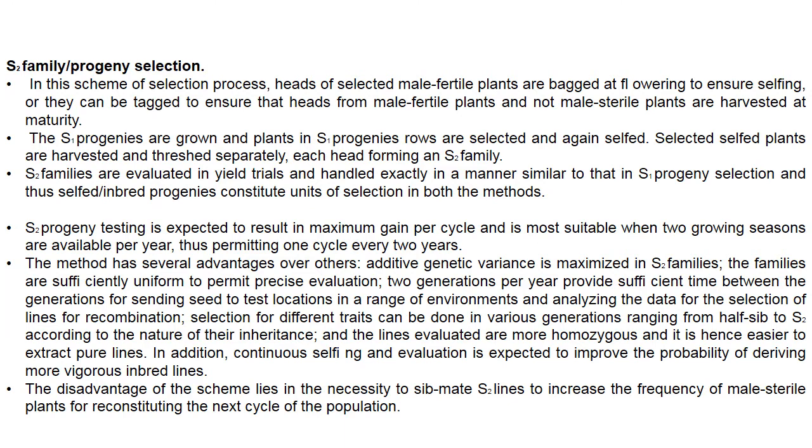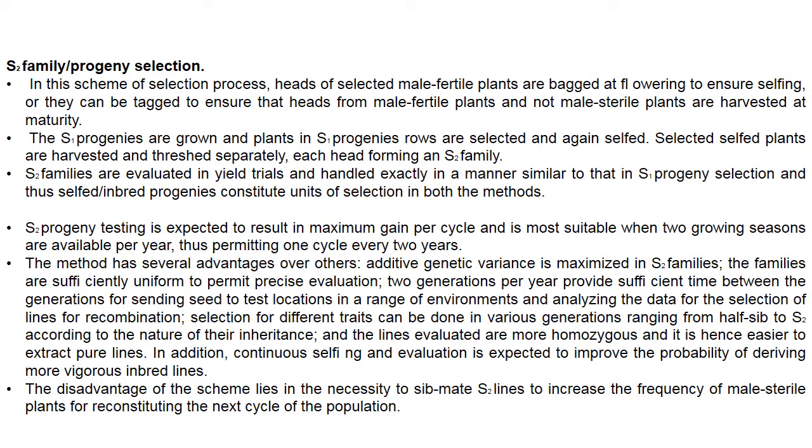The S1 progenies are grown and plants in the progeny rows are selected and again selfed. Selected selfed plants are harvested and threshed separately, each head forming an S2 family. These are evaluated in yield trials and handled exactly in a manner similar to S1 progeny selection, and thus selfed or inbred progenies constitute units of selection in both methods.